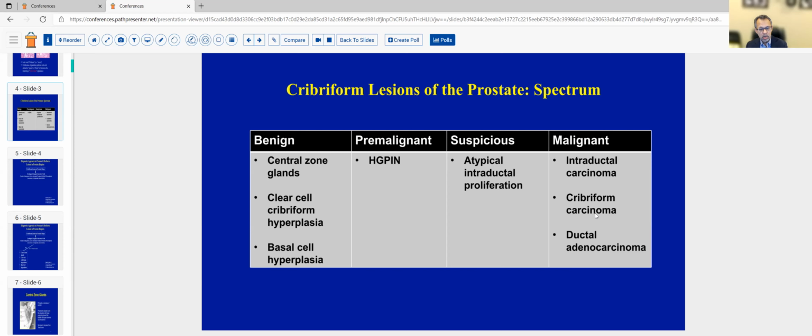One has to rely on a systematic approach using a combination of morphological features, status of basal cells, and in some instances, additional immunohistochemical markers such as PTEN and ERG before you arrive at a correct diagnosis. So I will talk about this systematic approach.